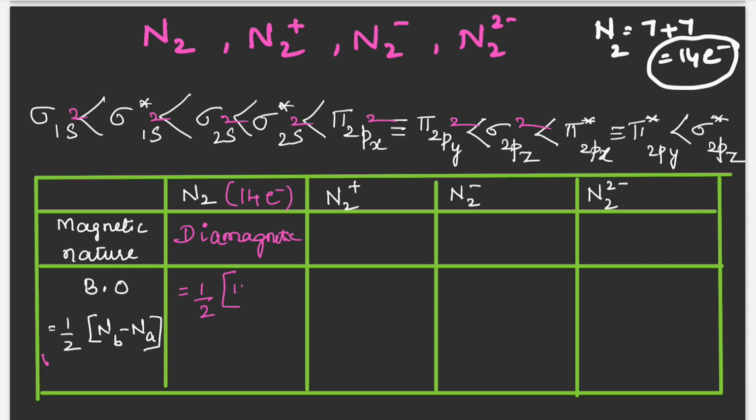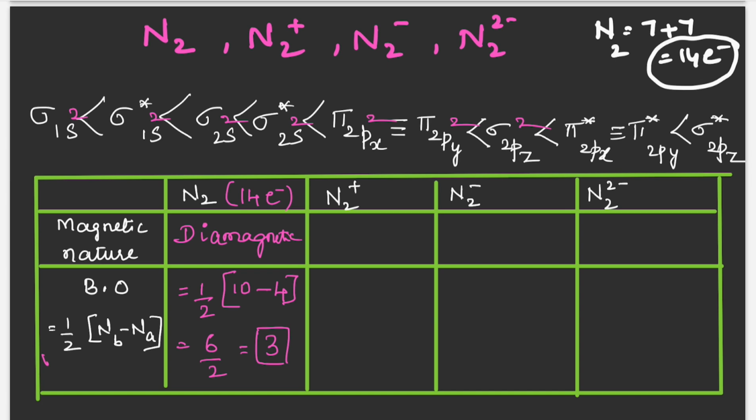So I'll write 10 minus how many electrons are present in the anti-bonding molecular orbital? 2, 4. So there are only 4 electrons. So this is equal to 10 minus 4 is 6, divided by 2, which is equal to 3. So you got the bond order as 3 for N2.